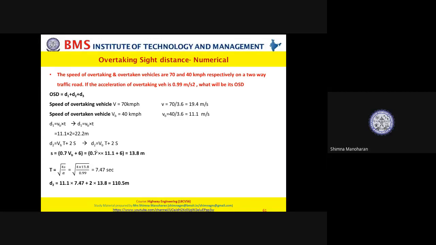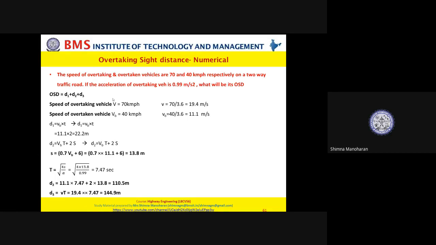So now you have to compute D3. Since the speed of the vehicle coming from the opposite lane is not given, you assume the vehicle coming from the opposite lane is moving at the same speed as the overtaking vehicle, right? Now D3 is velocity into time. What is the time that you have to take? The overtaking time, right? If you look back at the diagram, you had A, B and C. C was also moving during the overtaking time, so how much distance has it traveled?